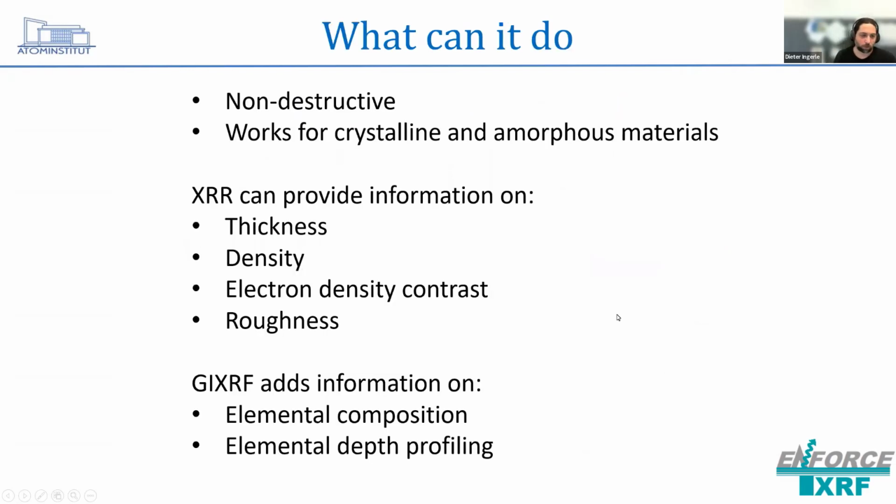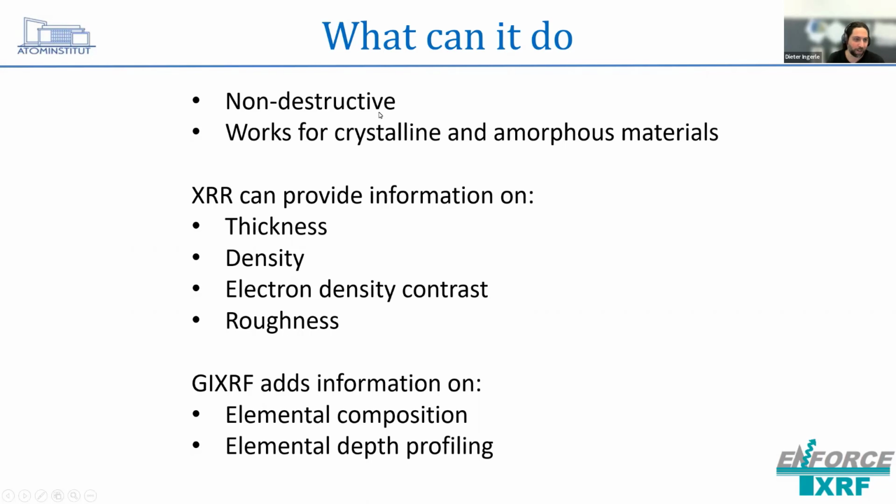So to summarize a little bit before we go to the samples, what can we actually do with it? First of all, as I mentioned in the title, it's non-destructive. If we have a wafer sample, we can analyze it with the X-ray beam, and it will take no damage. Of course, there are some limits.